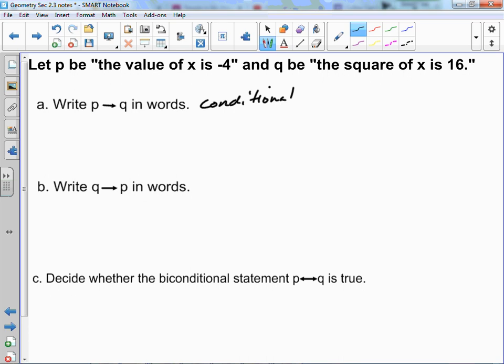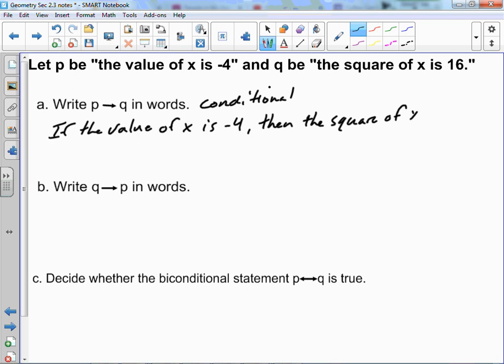And so starting with P, we're going to say if the value of x is -4, then we're going to bring in the Q, then the square of x is 16.